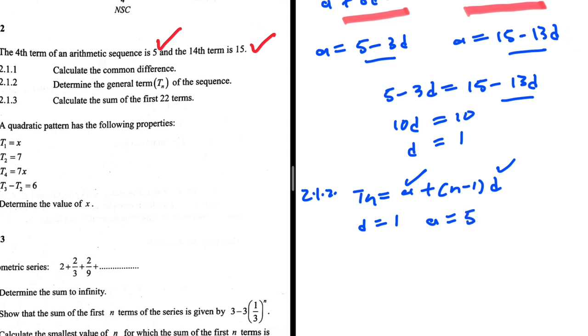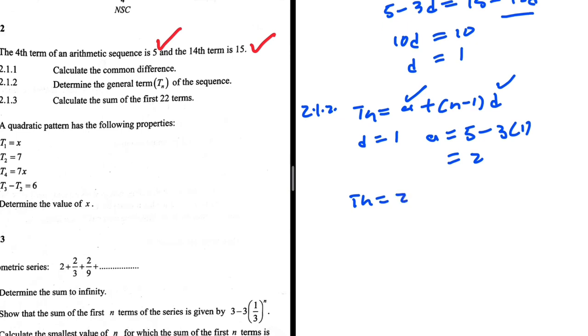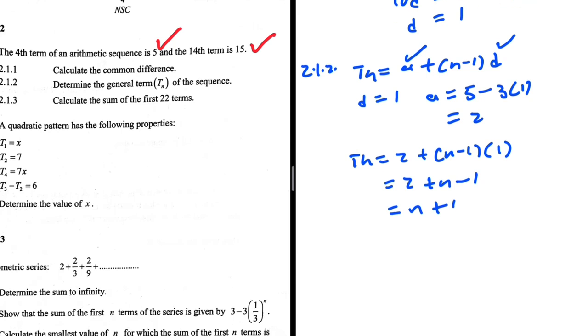We're going to have 5 minus 3 multiplied by 1, which is equal to 2. So in substituting that back into Tn, we would get 2 plus n minus 1 multiplied by the difference, which is 1. So 2 plus n minus 1. So this is equal to n plus 1. 2 minus 1 is 1. So there we go, 2.1.2, we have Tn.